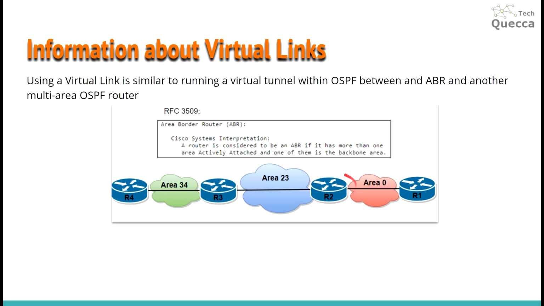So in this case, router R2 has two areas attached, area 0 and area 23, and area 0 is the backbone area. But router R3 is not an ABR because it has two areas attached, but none of them is the backbone.